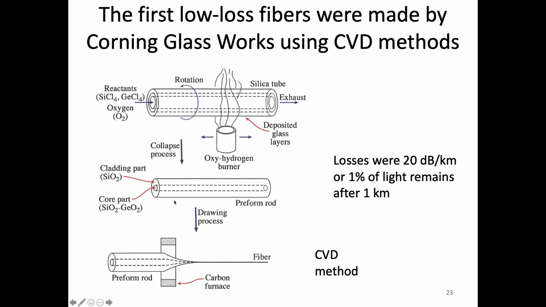And so this gives us a preform rod where the core is composed of silicon oxide and germanium oxide glass that's been deposited, surrounded by the silicon oxide. And so we can control the refractive index by controlling the composition of silicon and germanium oxides that we add. And so that gives us our preform.